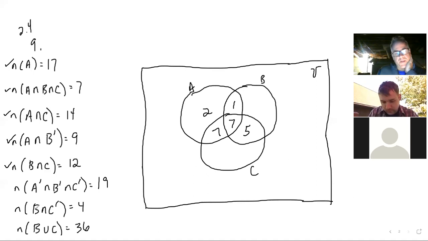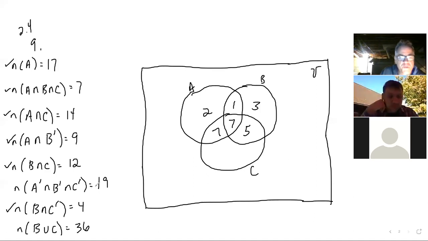I'll go to this one. B intersect C complement. Now that's in B outside of C, so that's these two regions. It says it has to be 4. So I've got 1 already. So I'll put 3 in, and now I've got my total of 4.